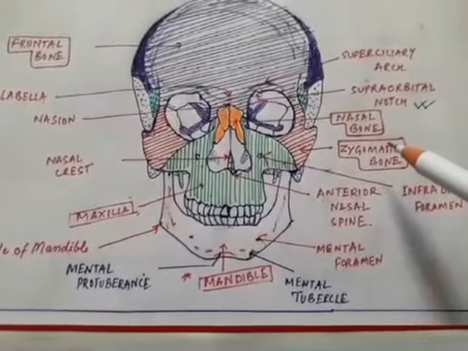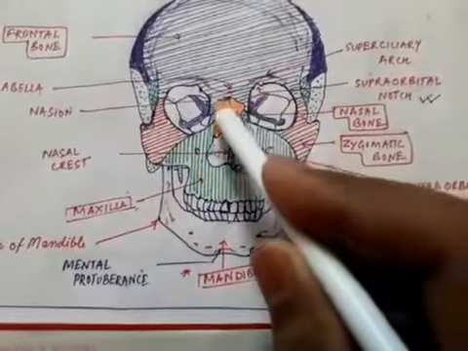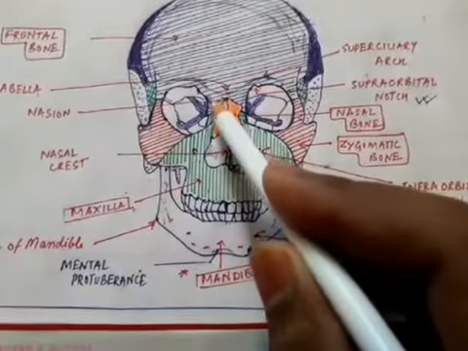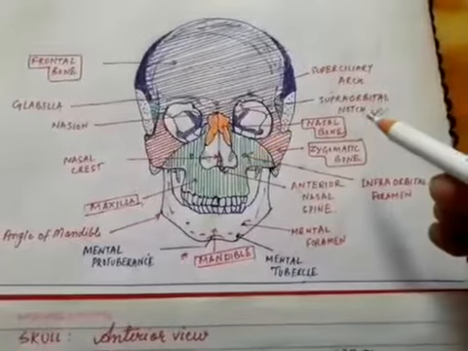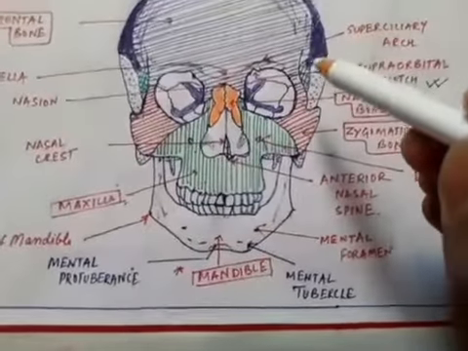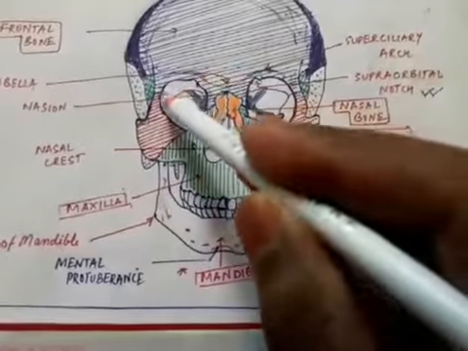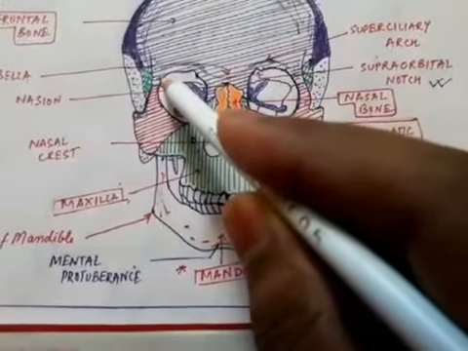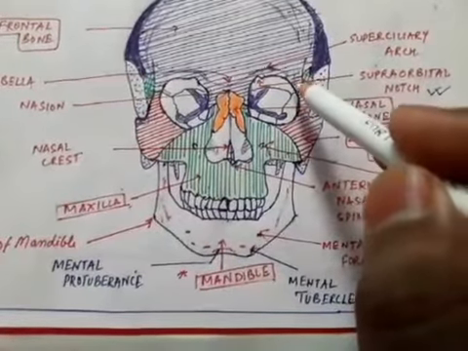Going more medially, the frontal bone projects inferiorly and forms a part of medial rim of the orbit. Laterally, it is a zygomatic process of the frontal bone that projects inferiorly, forming the upper lateral rim of the orbit.